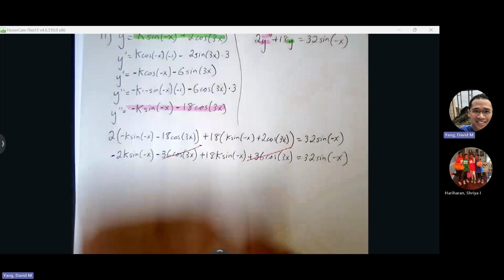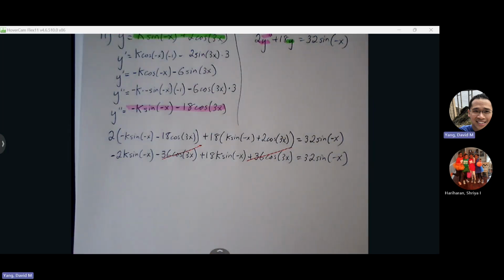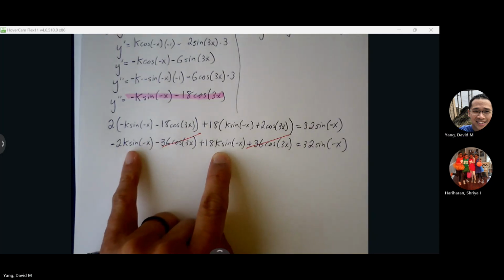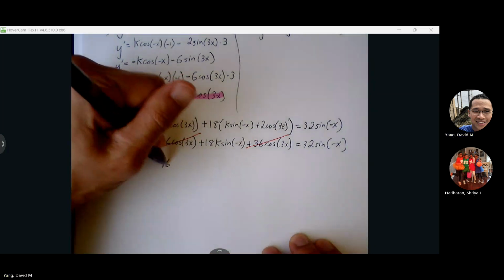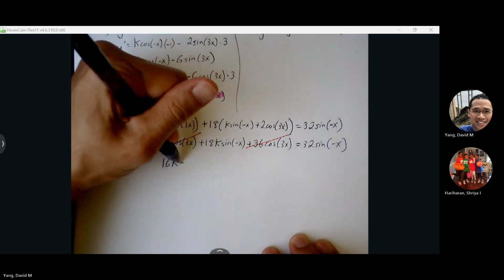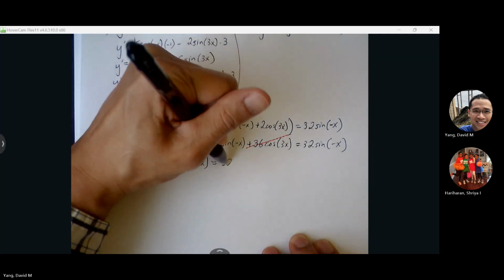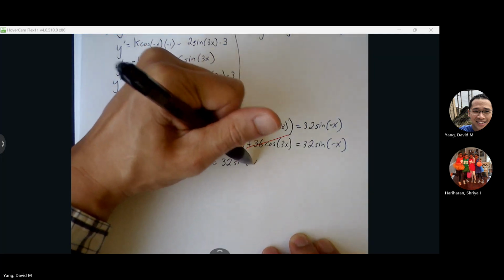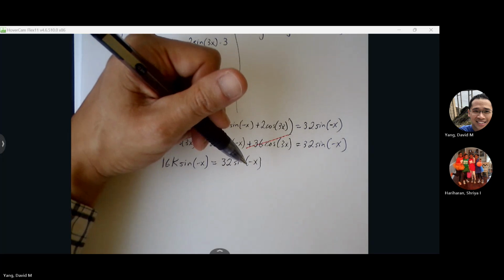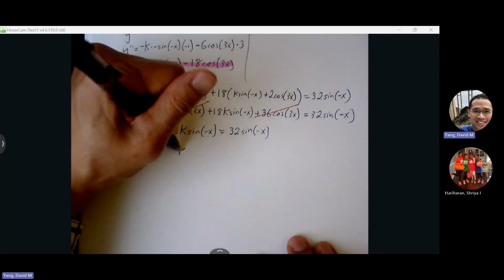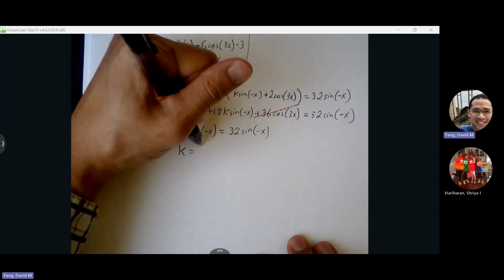Take out some like terms. Combine some of the like terms here. This becomes 16k. Divide both sides by 16 sine negative x.